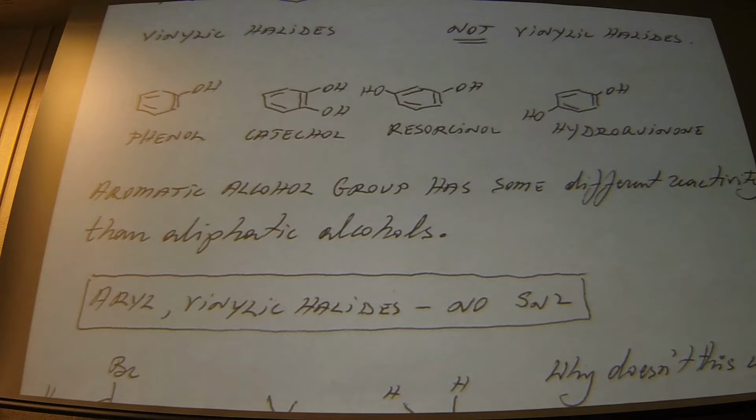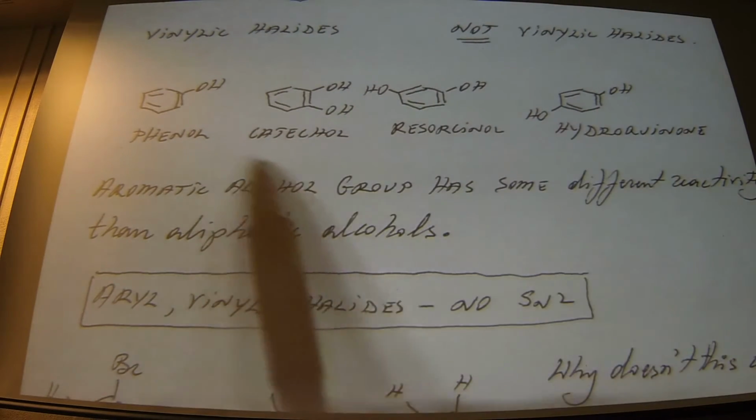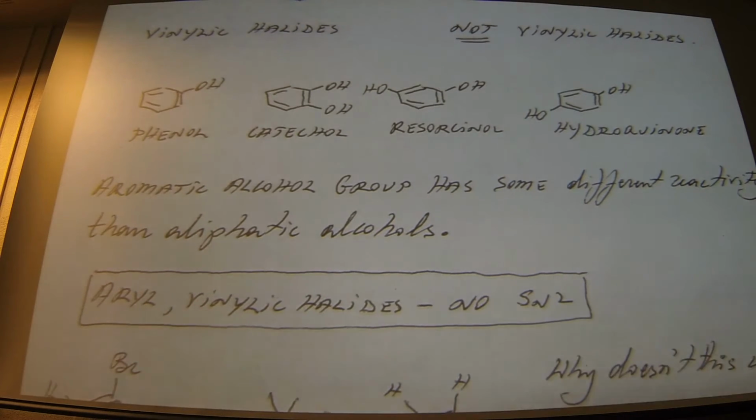Depending on which substitution pattern you have, whether it's ortho, it's catechol, if it's meta, it's resorcinol, if it's para, it's hydroquinone. And these are names that you will see again and again, particularly those who are biologists, you'll see catecholamines and things like that. So you need to know what those are.